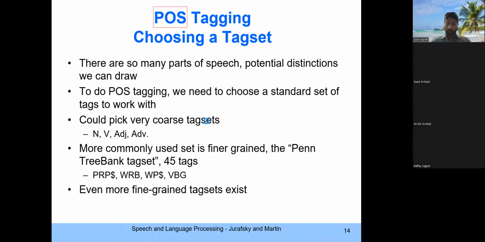Okay, so now the question is, as you have seen, you can have various tag sets. Some of them could be granular, some of them could be very fine-grained. So which tag set should a person use for a particular application? Of course, this is application dependent. If your application requires that the tag set is fine-grained, then you should use a fine-grained tag set.